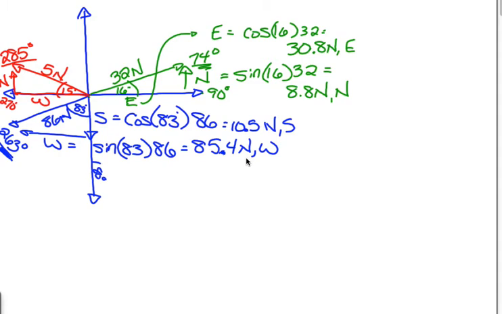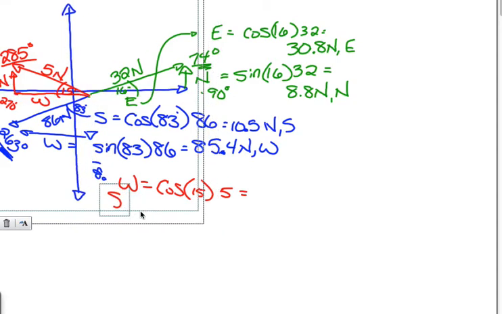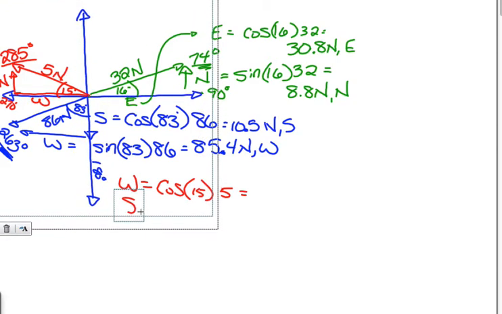So to find the west side, west of course is adjacent, so I want to use cosine of 15 times the hypotenuse of 5. And the north side is opposite.